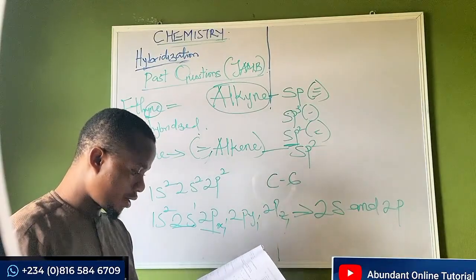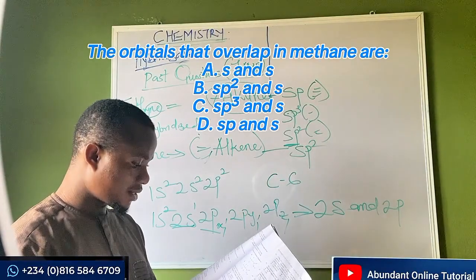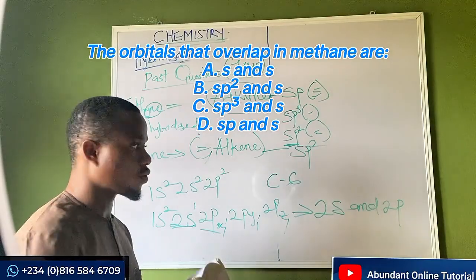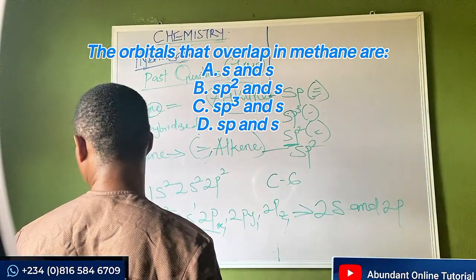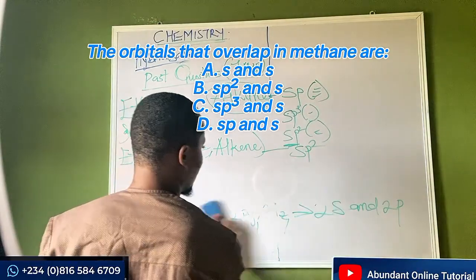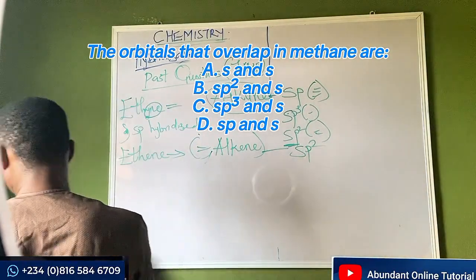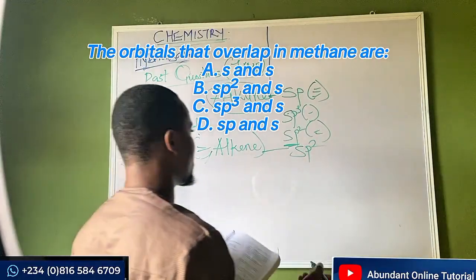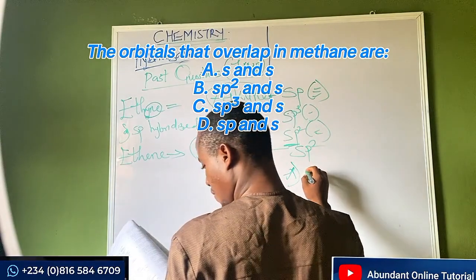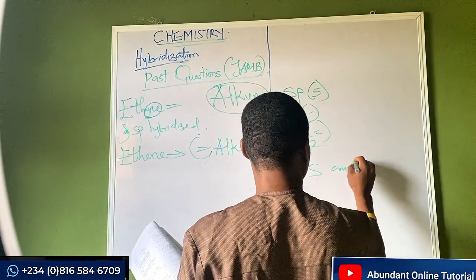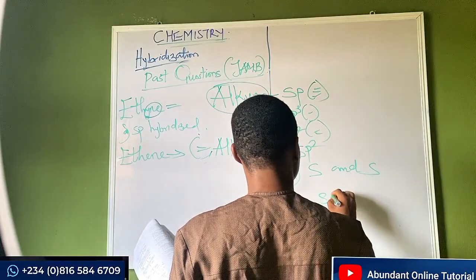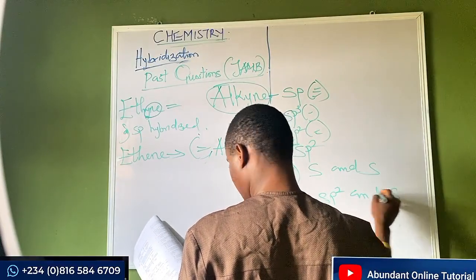Another one says the orbitals that overlap in methane. A, we have s and s. B, we have sp2 and s.